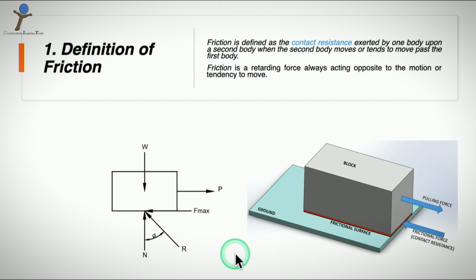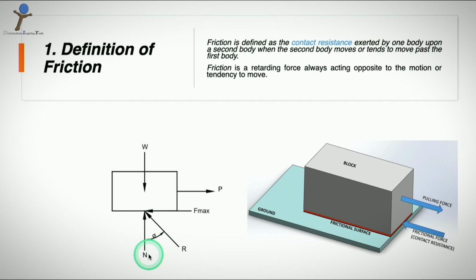Let's understand this through the schematic sketch. If this is the block of weight W, the weight vector is always represented towards the gravity direction and perpendicular to the ground surface.